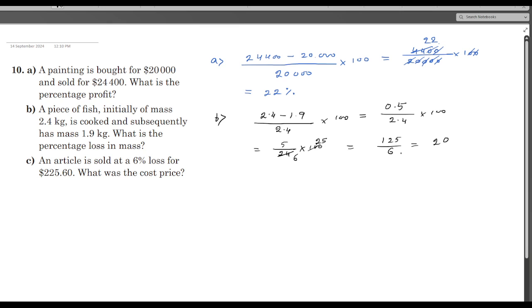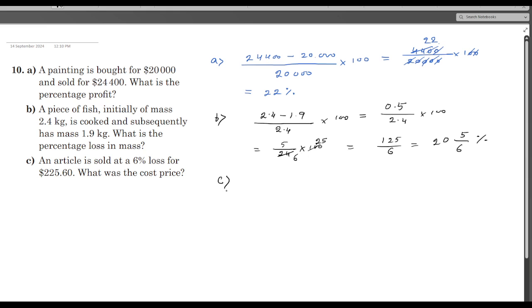Then 5 cannot be divisible by 6, so I will write 0. Then remainder is your 5. So it is 5 divided by 6. So 25 divided by 6 percentage is your percentage loss in mass. 25 divided by 6.